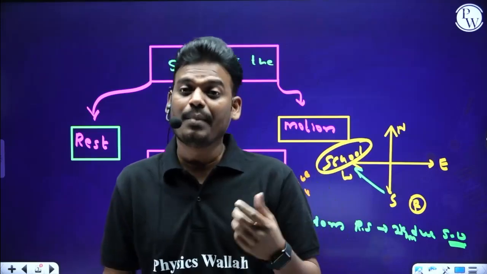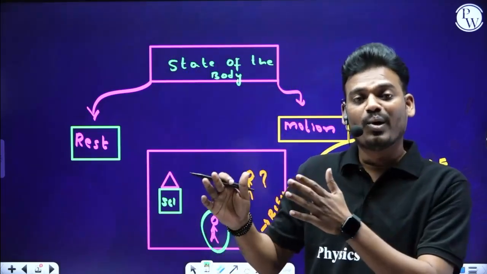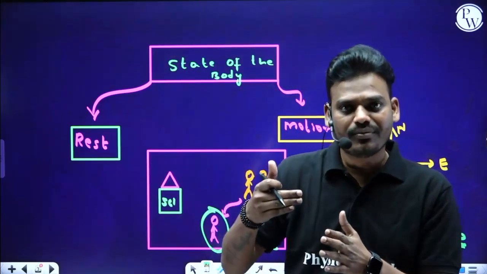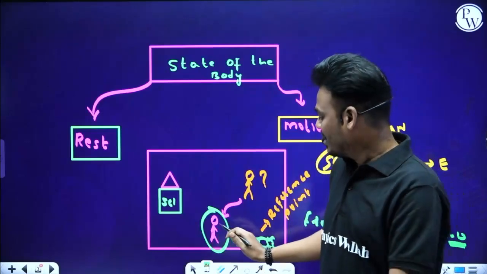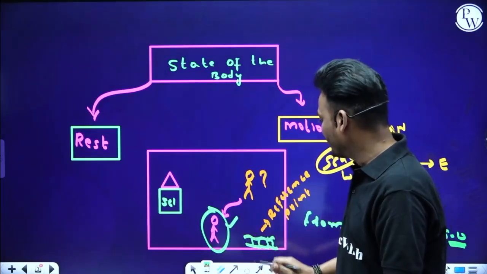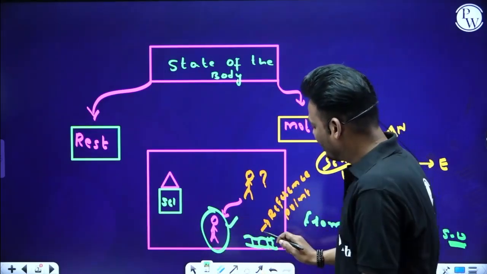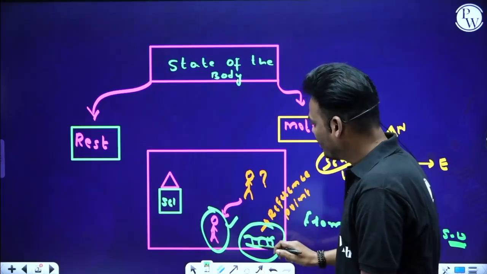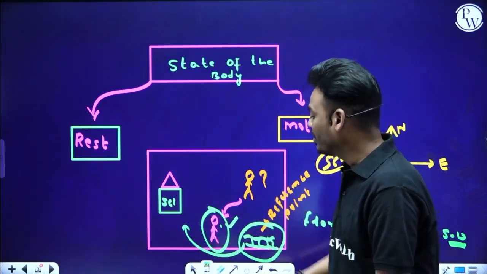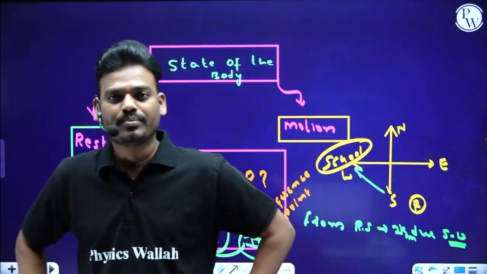Yes, it depends on the reference point and depends on the observer. For this case, he is the observer. With respect to this railway station, the school is 2 kilometer due southwest.